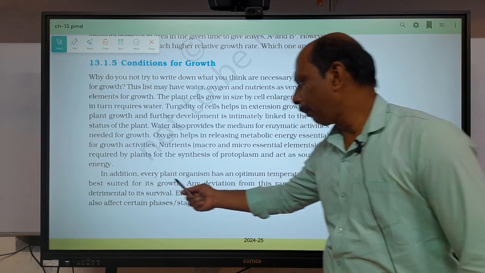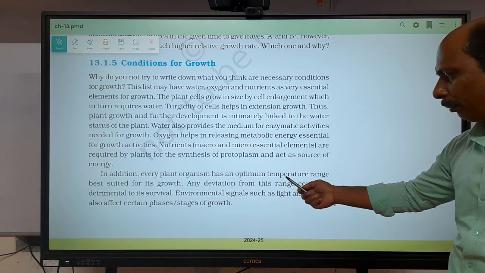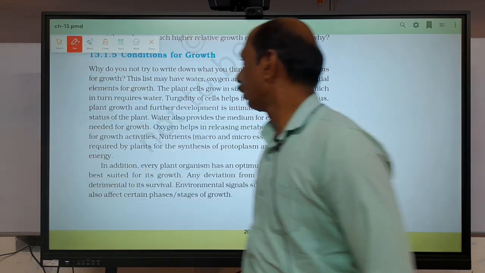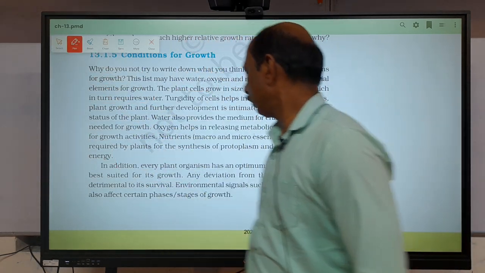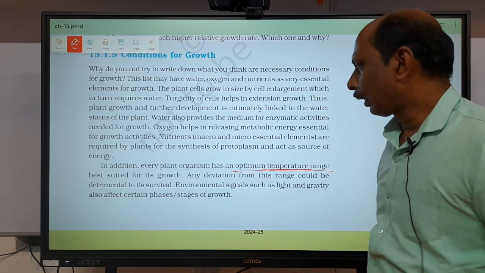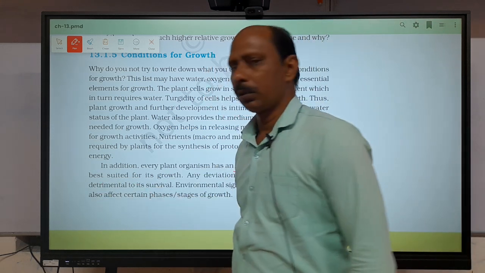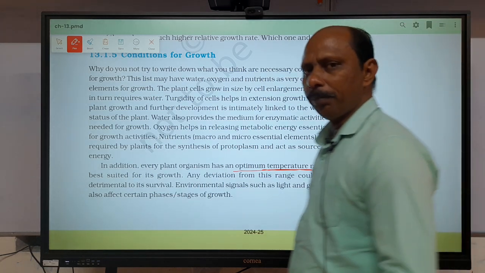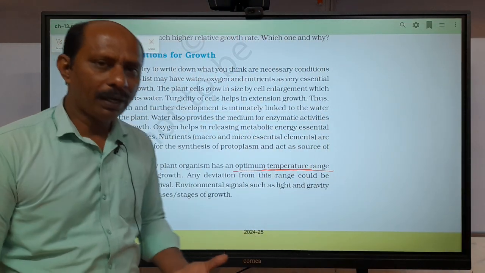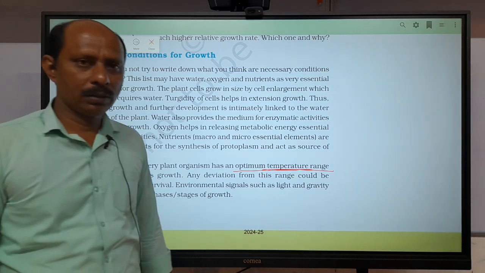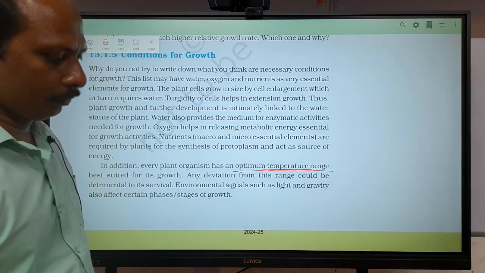In addition, every plant organism has an optimum temperature range best suited for its growth, because we know plants here grow 10 times more rapidly than tundra plants, Siberian plants, right?